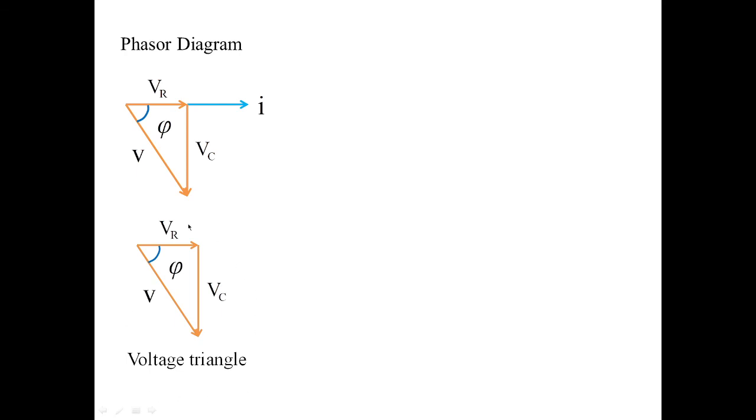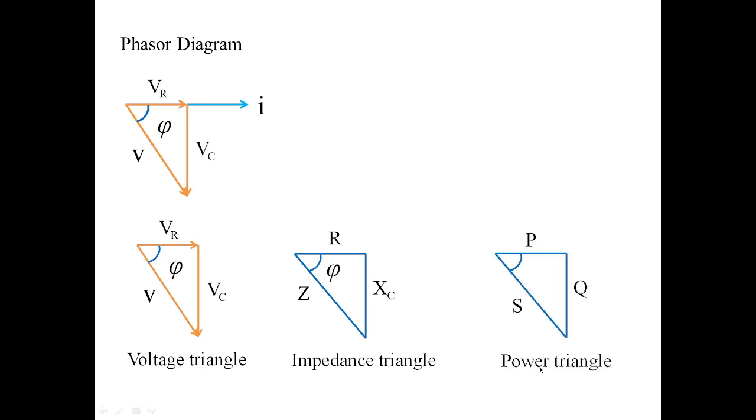Once the voltage triangle is obtained, you can easily obtain the impedance triangle. And from the previous conclusions, we can also construct the power triangle. What will be the value of cos phi? Cos phi is equal to R by Z, or VR by V, which is equal to P by S from the power triangle, and this is called the power factor.